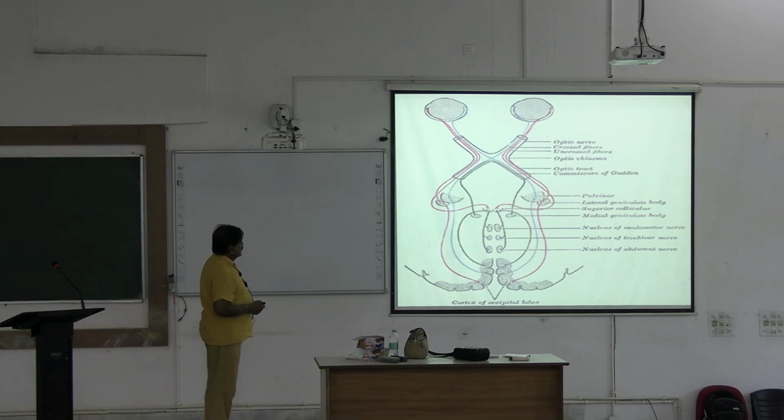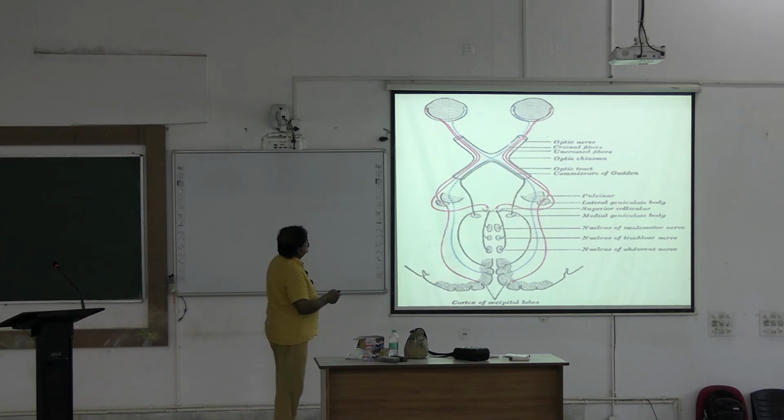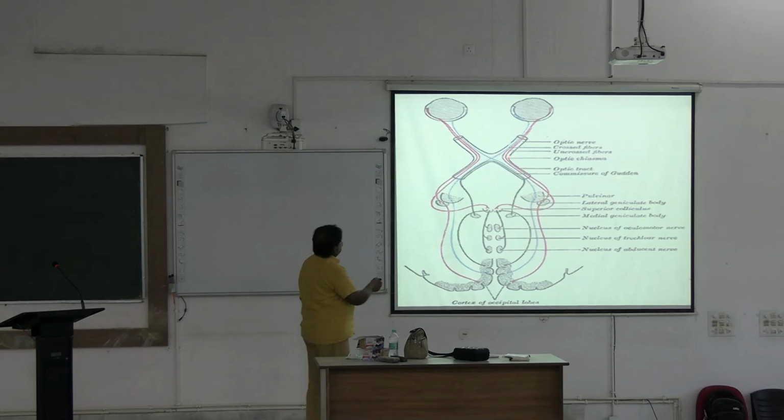See, this is a schematic drawing. The whole thing, this is optic nerve. Crossed fibers, uncrossed fibers. The optic tract, commissure here, pulvinar nucleus, lateral geniculate body.